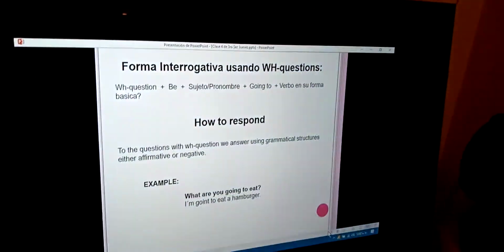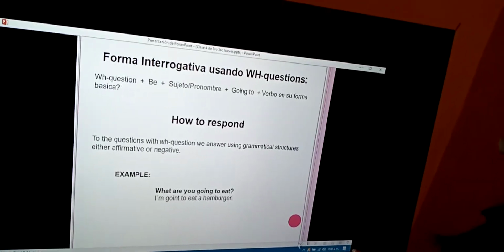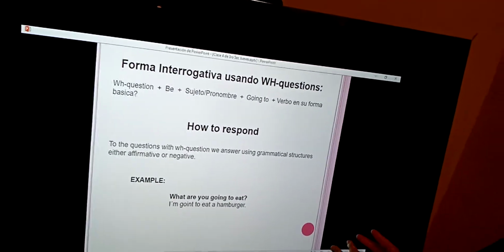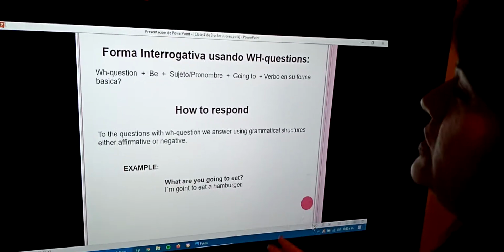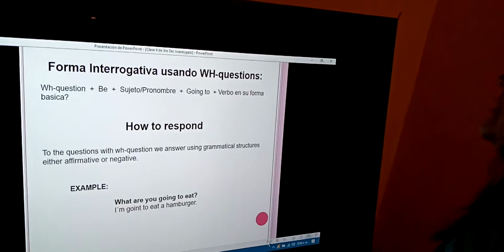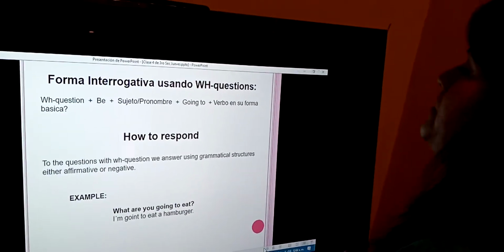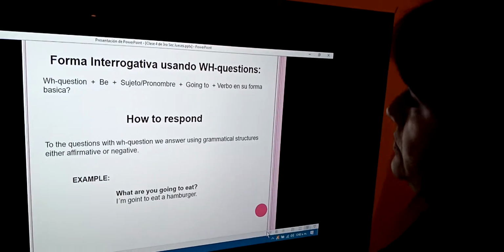And right here is a forma interrogative. Es la forma interrogativa usando which questions, okay? The which questions is the which question plus be plus subject pronouns plus going to plus verb in form basic and how to respond, okay?